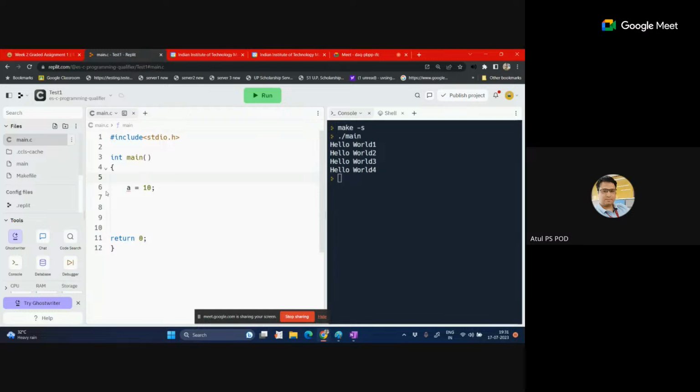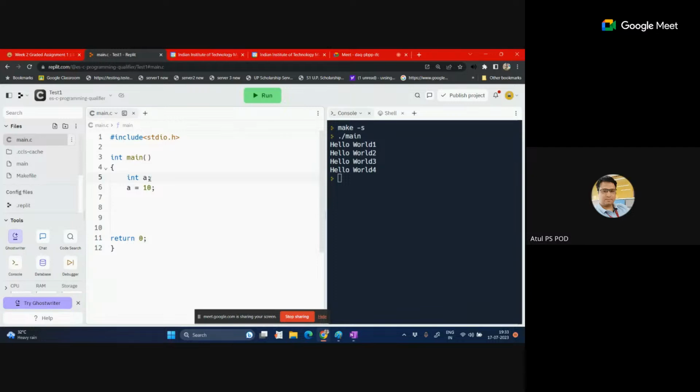Initially, if I want to store an integer value, I have to define the variable type, so int a, and a semicolon. This is the variable I have defined. Now the compiler will allocate memory for a, and provide the minimum storage space required for an integer value.